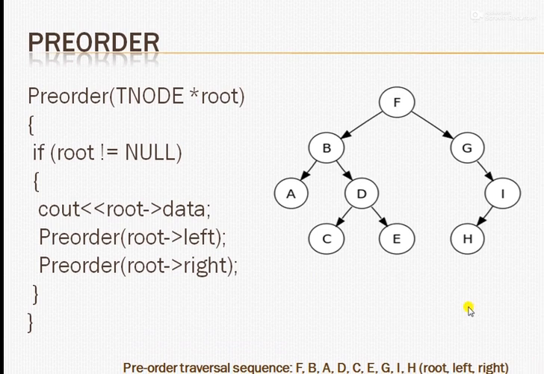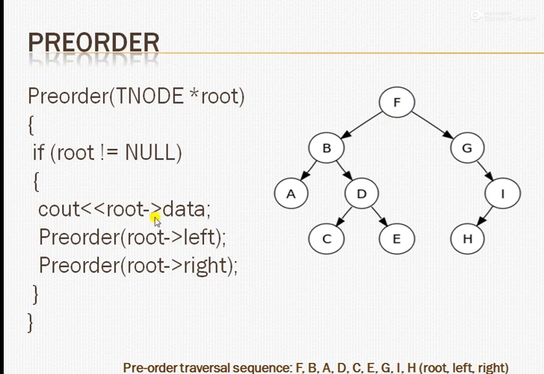So with this example, you can see the same example I have picked up. If you want to visit in pre-order traversal, the sequence is root, left, then right. First I'll have to print this root. If root is not null, then I'll print the root data, that means F will be printed.